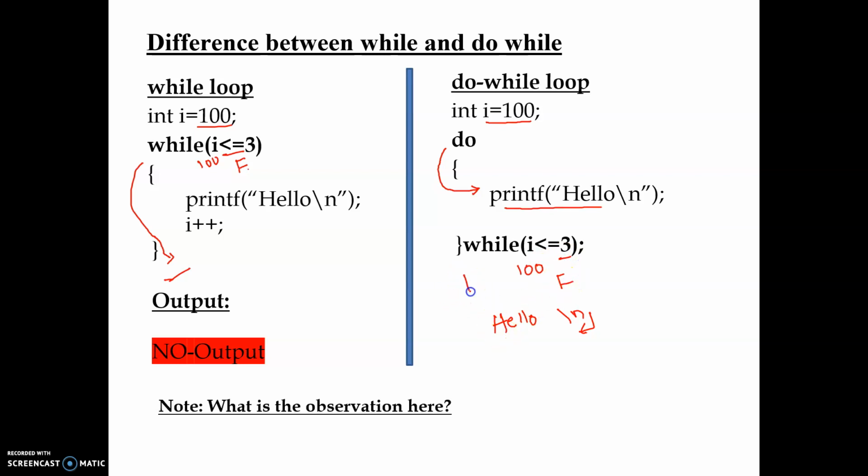When it fails, it exits from the do while loop. So hence, this is getting executed at least once, because we are first executing the statements. So that's the major difference between a while and a do while. A do while executes the statements at least once.